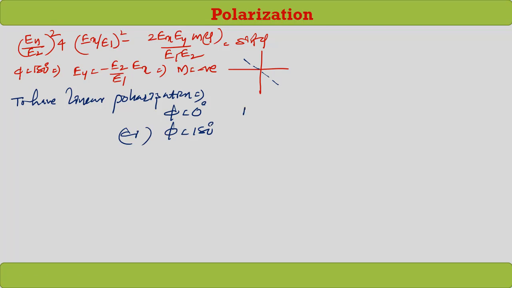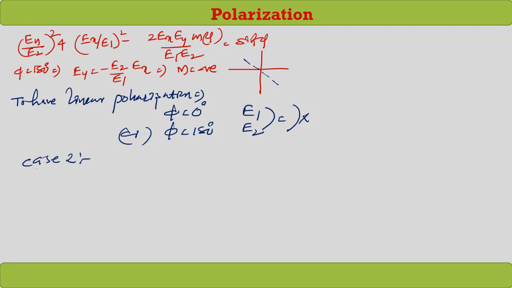We did not comment on E1 and E2. These two can be equal, or cannot be equal also. There is no condition with respect to the amplitudes of the x and y components, but there is a condition with respect to phase difference, that is 0 or 180. If you take 0, positive slopes you will get. If you take 180, negative slopes you will get. This is the complete idea regarding linear polarization. Now case 2 we will see.